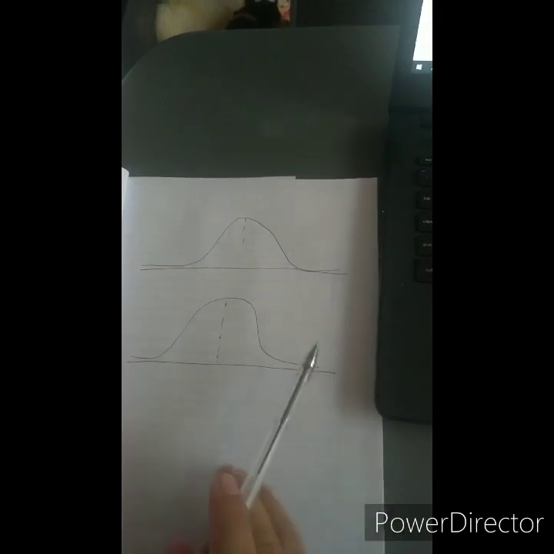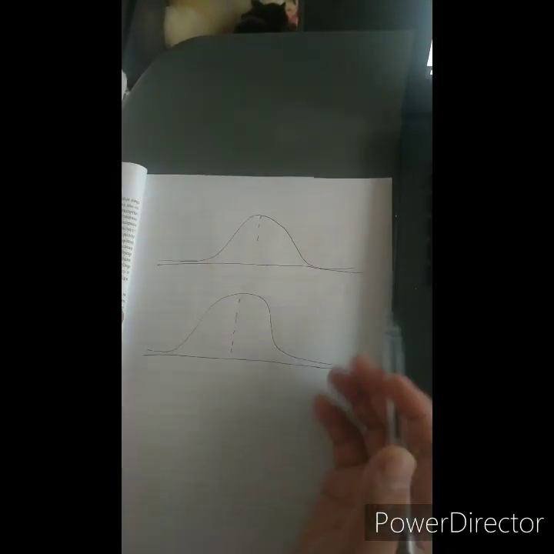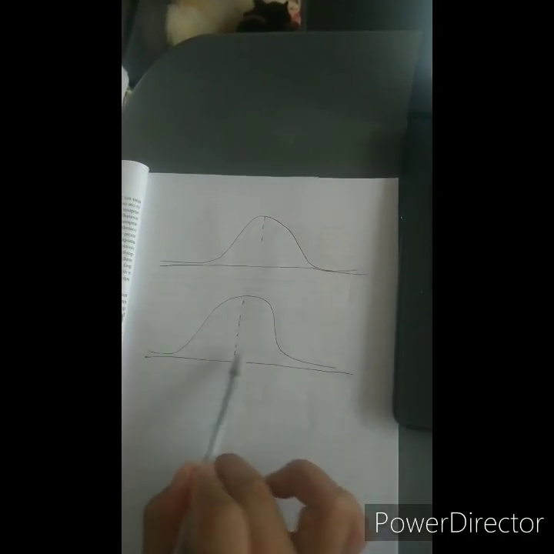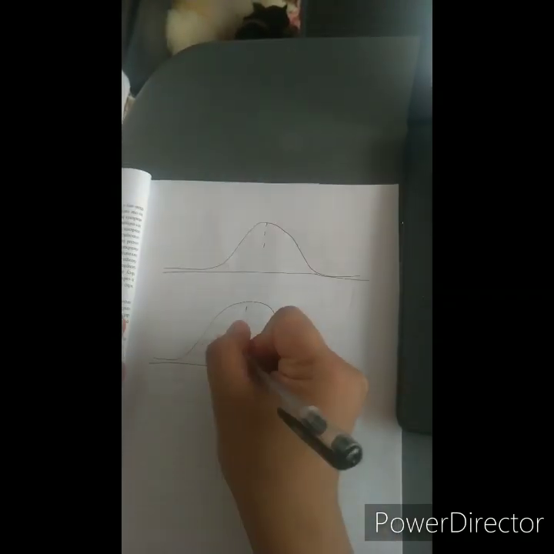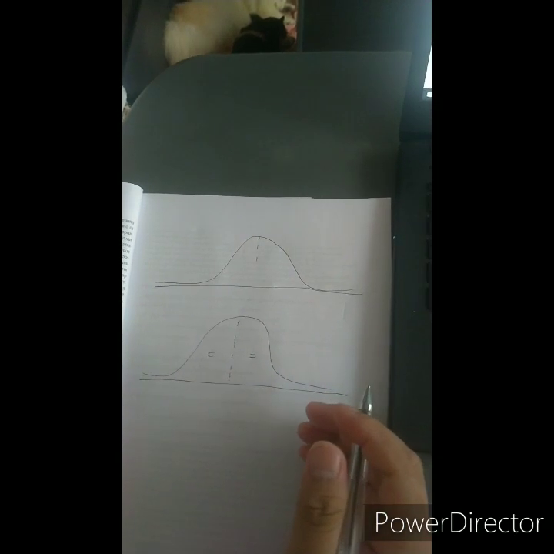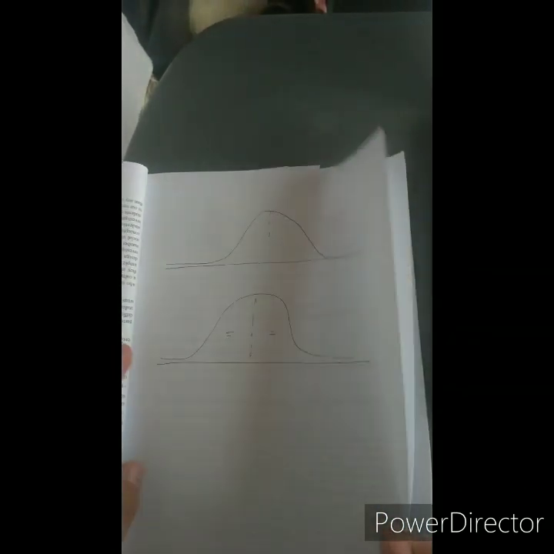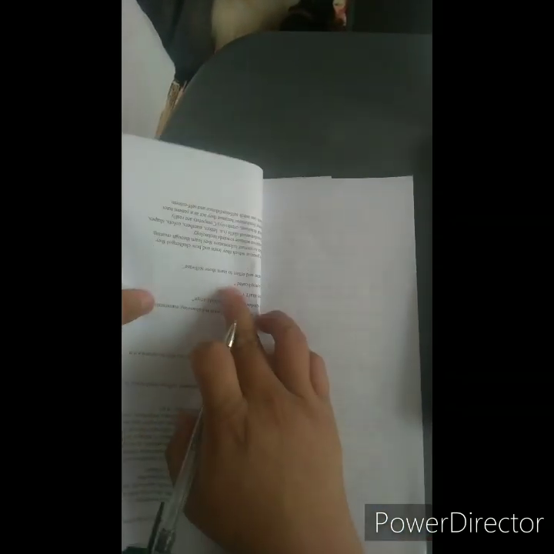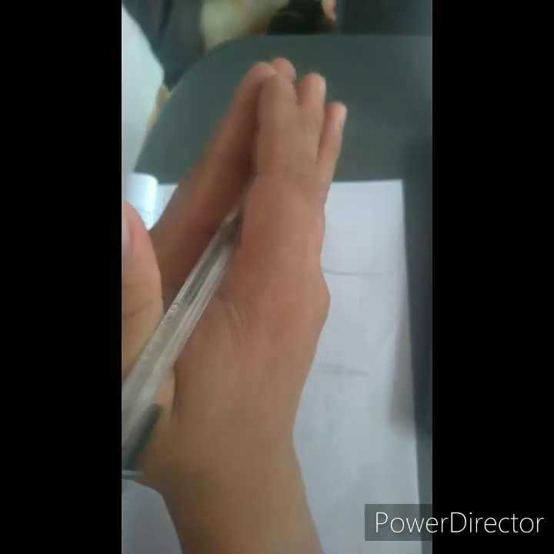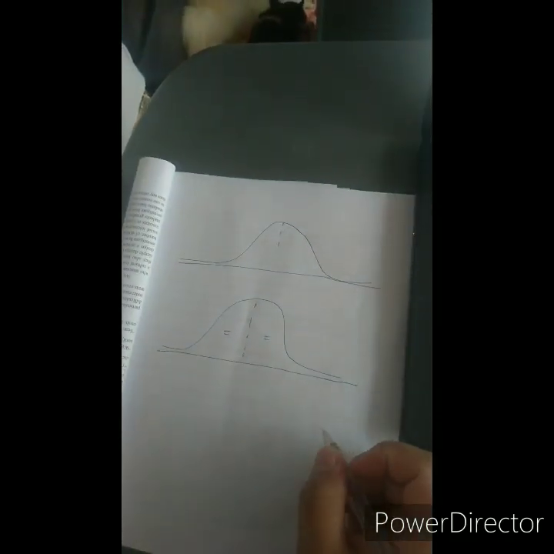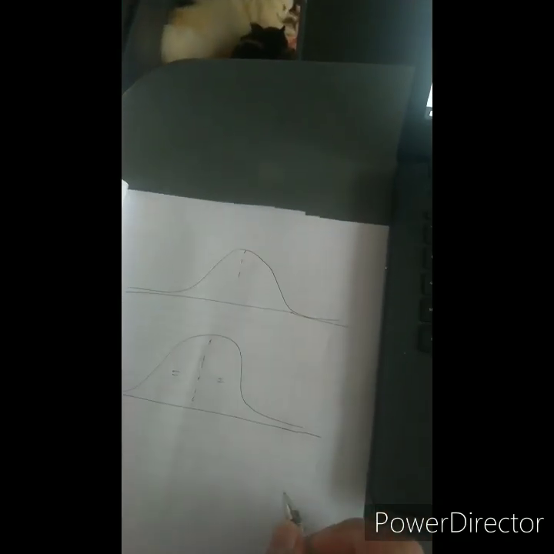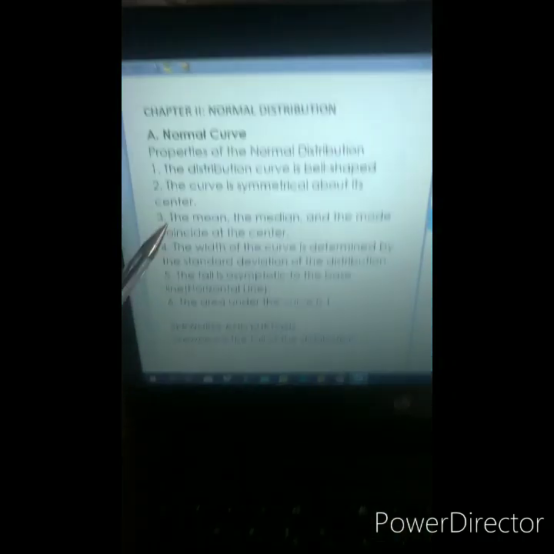Assume that this is a perfect normal curve. I don't know how to draw, actually. So this side is equal to this one. If you fold this, the lines of the curve will meet together. That's why it's symmetrical.